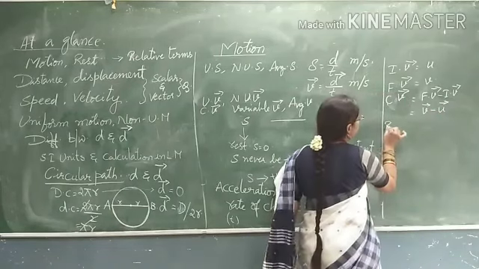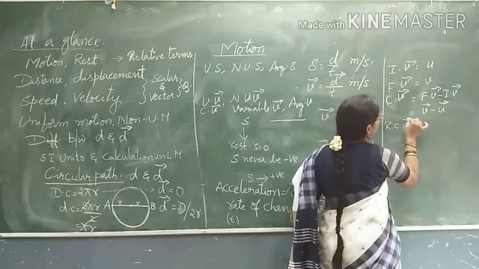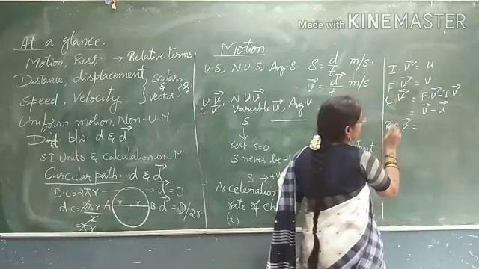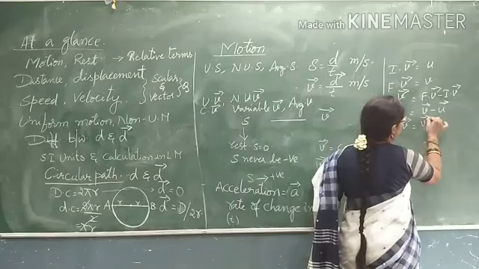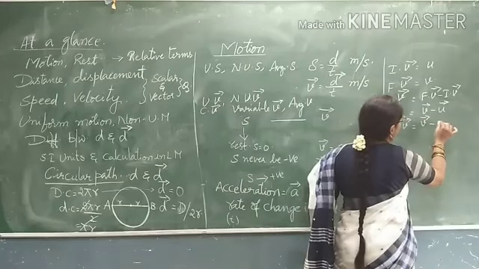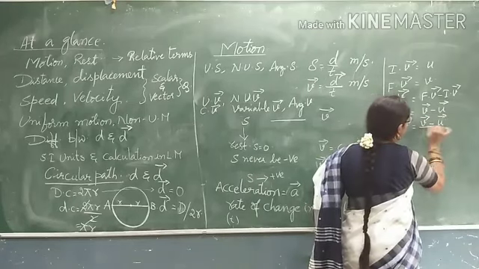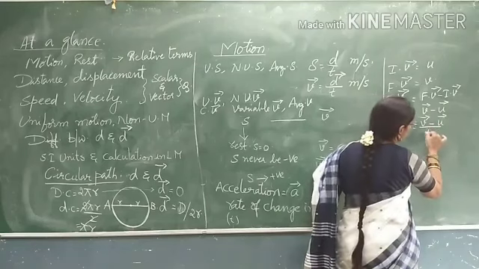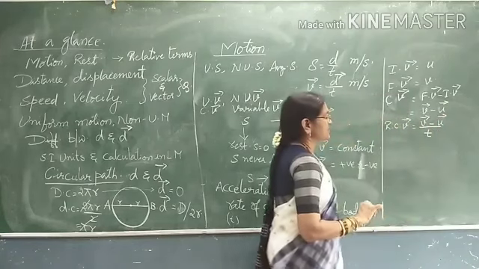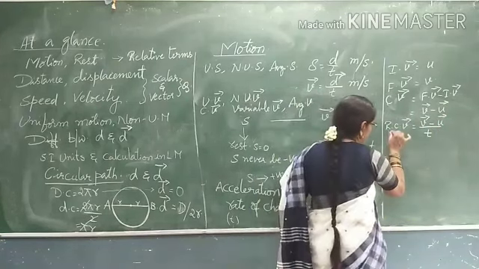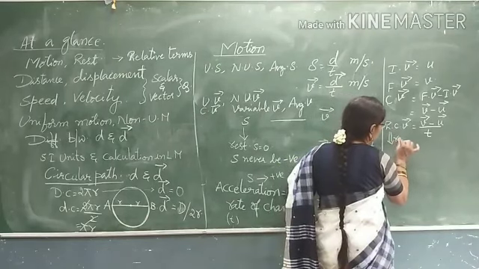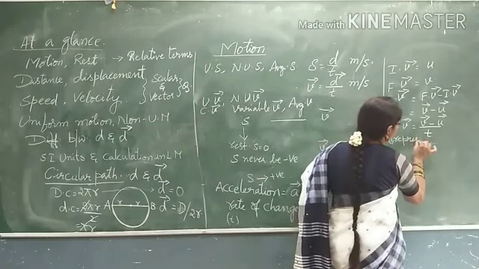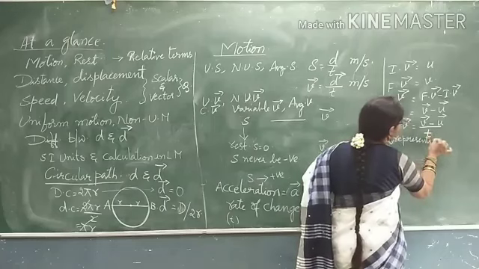Now what is rate of change in velocity? Rate represents time. So rate of change in velocity is v minus u by t. By definition, what does it represent? It represents acceleration.